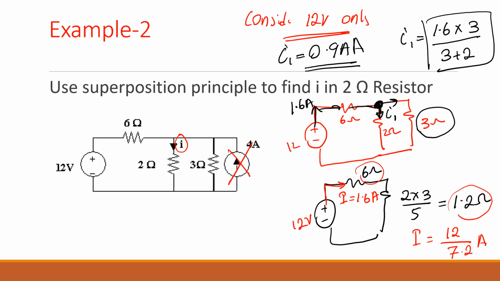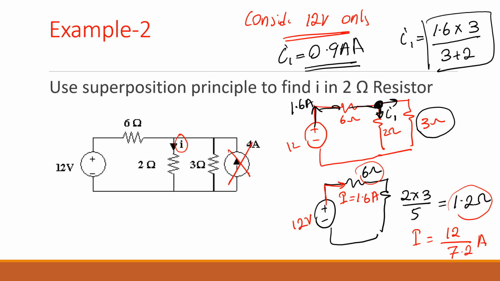Did I do any mistakes? 2 times 3 divided by 5 is 1.2 plus 6 is 7.2. 12 divided by 7.2 is 1.67, actually 1.666, or else we can say 1.67.